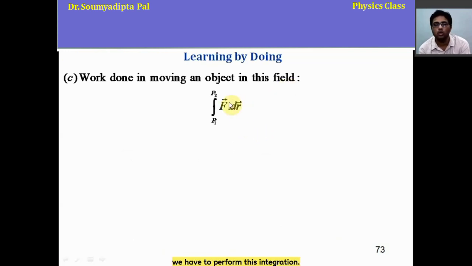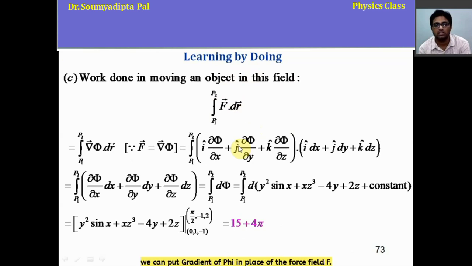Now to find the work done in moving an object in the field F from a point P1 to P2, we have to perform this integration. Now as the force field is conservative in nature, we can put gradient of phi in place of the force field F, right? And we get the integral from P1 to P2 of ∂phi/∂x dx plus ∂phi/∂y dy plus ∂phi/∂z dz.